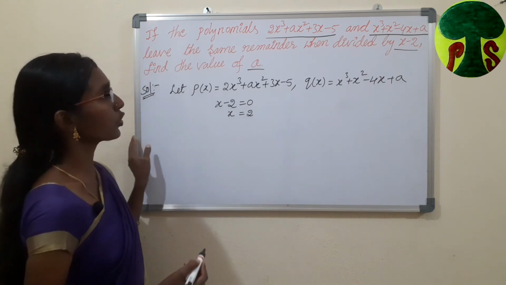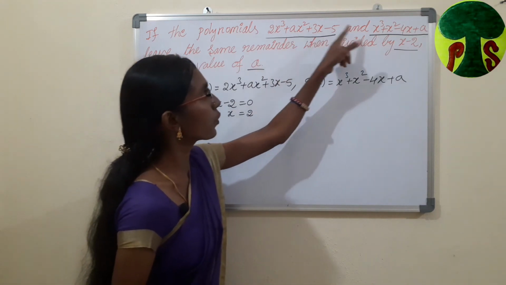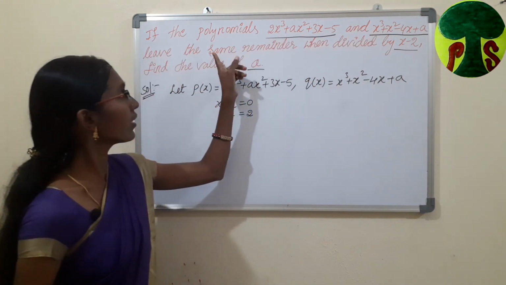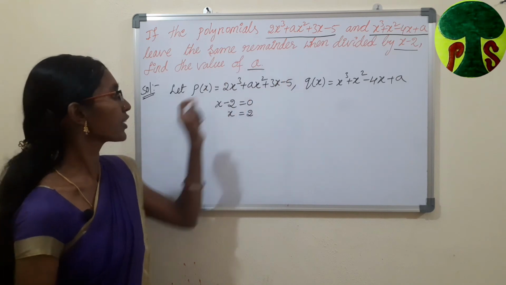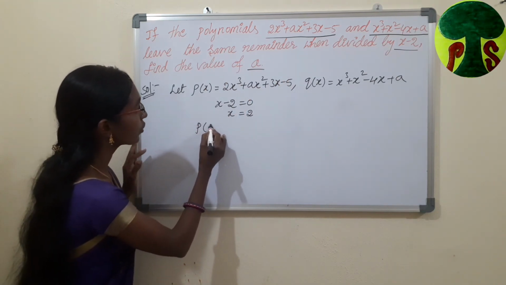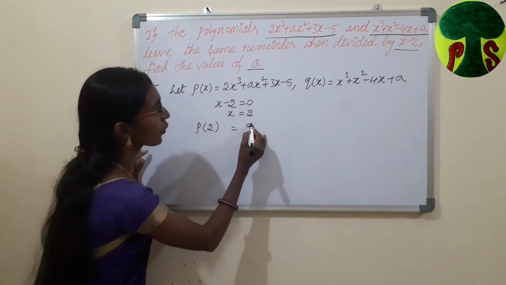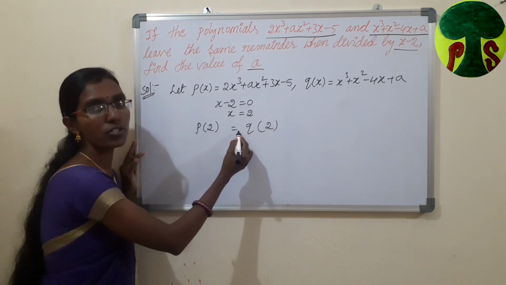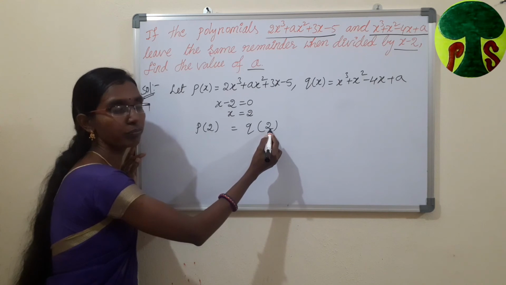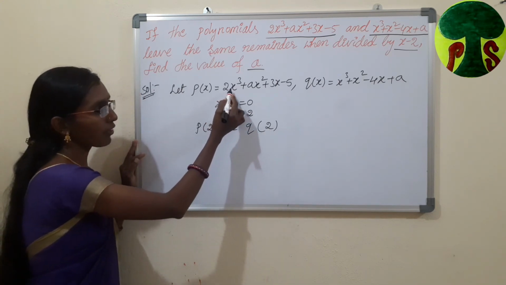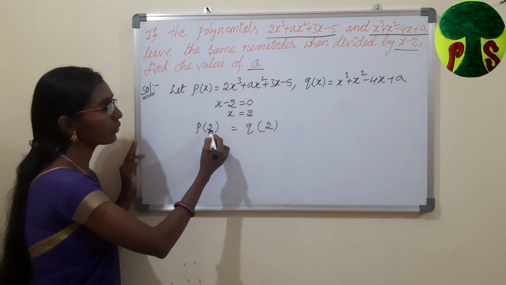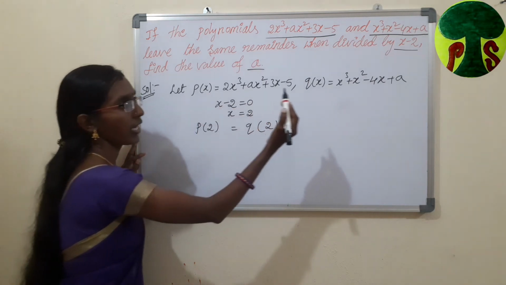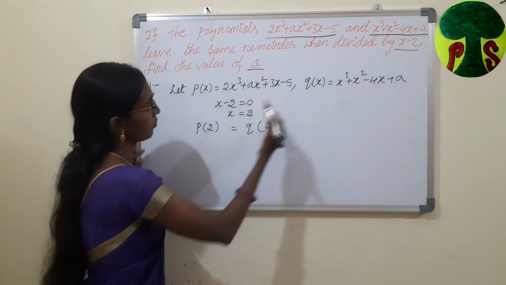But according to the question, when we divide these two polynomials, we will get the same remainder, which means P of 2 is equal to Q of 2. Now, in the place of x, we have to write 2 in P of x as well as in Q of x.